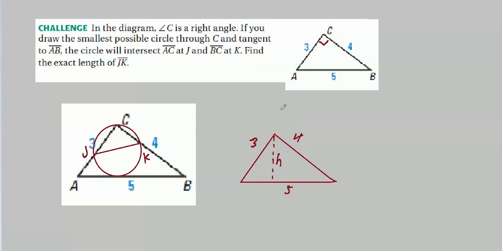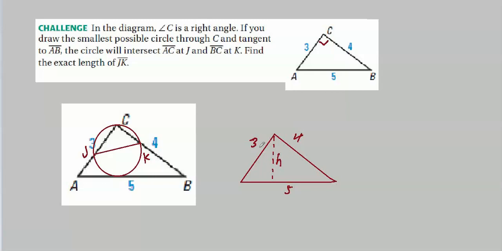Well, we have all the measurements for this triangle, so using the ratios from similar triangles should be pretty productive. We've only got one thing here that we don't know. For the small triangle, this is the longer leg and this is the hypotenuse.